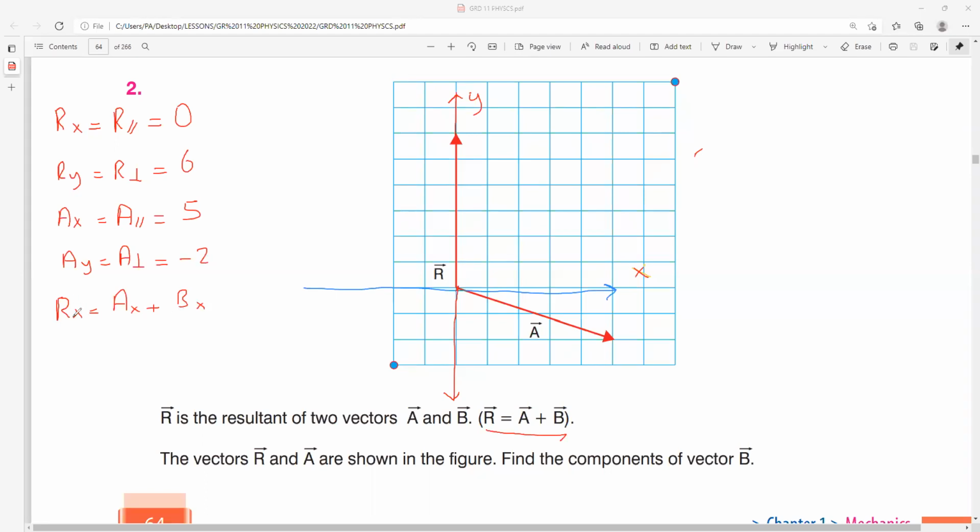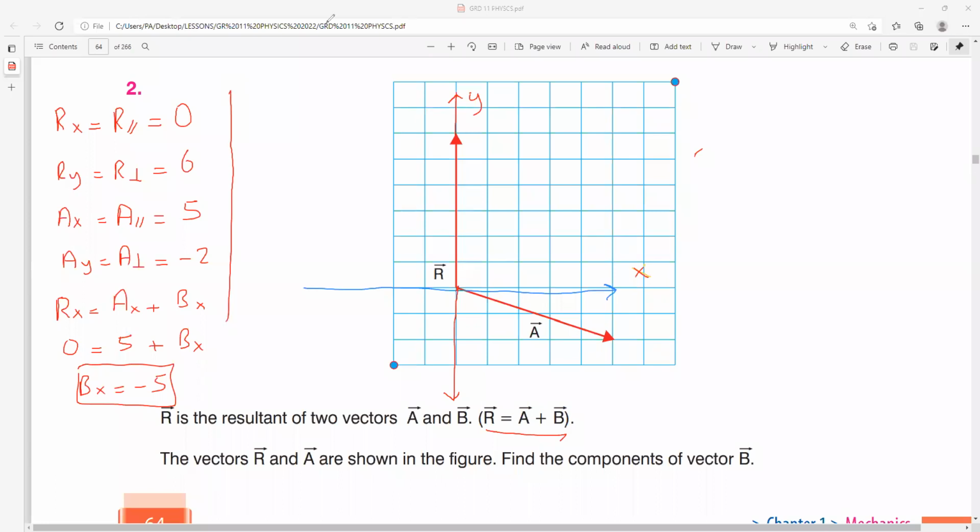And then we know Rx is 0 equals AX, which is 5, plus BX. Now we can get BX. What is BX, people? BX equals negative 5. I think you are getting it, huh? So BX is done. And then what we need, BY also.